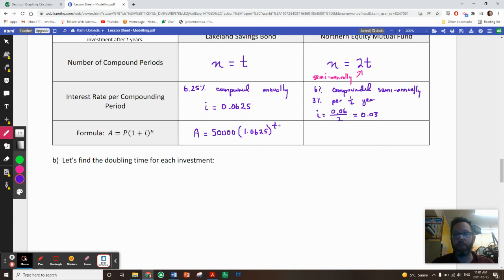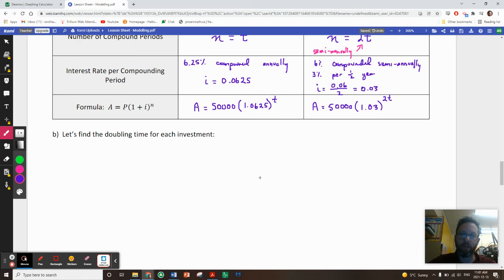So we have a model. For the Northern Equity Mutual Fund, we have the same principle but a different value for i. So we have 1.03, and in the exponent we have 2t, double the number of compounding periods. Now that we have a model for each, we can find the doubling time for each investment.